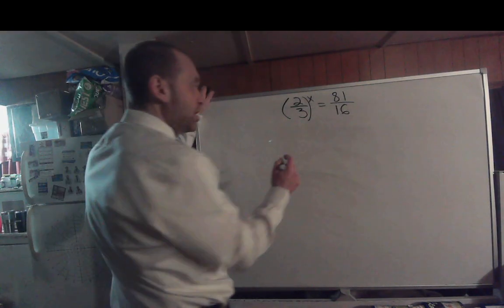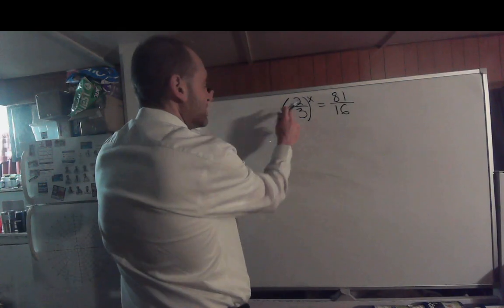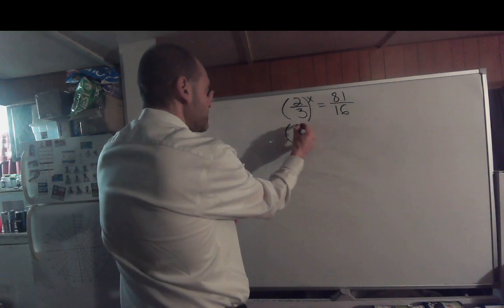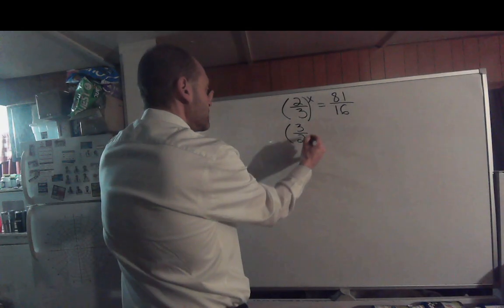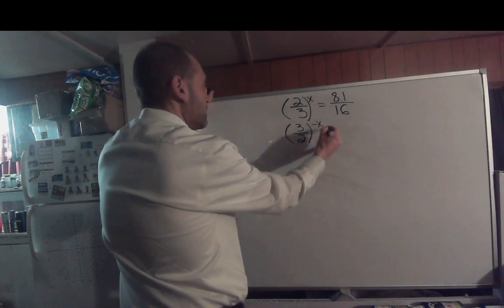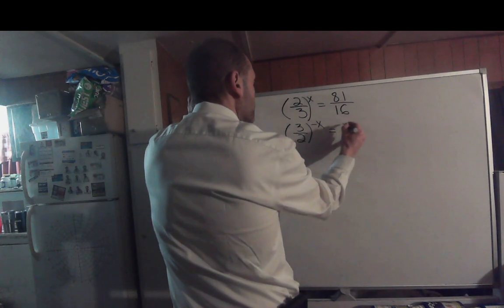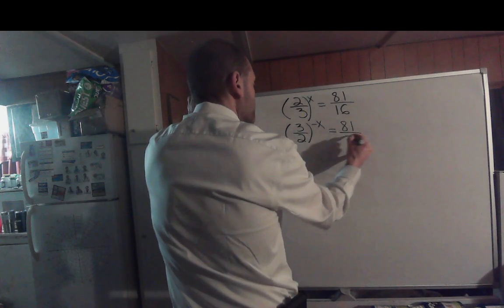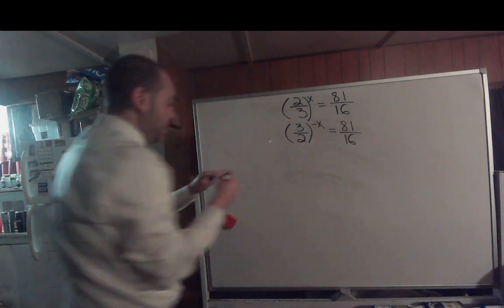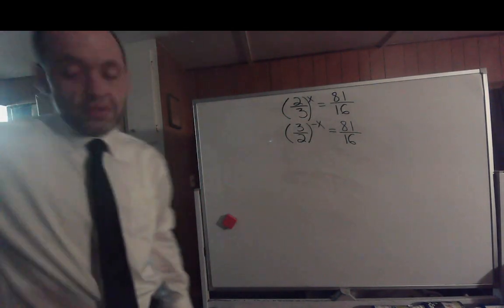So it very well may be helpful to you to write this 2/3 to the x as 3/2 to the negative x power and set that equal to 81 over 16. Now we got something we can work with.